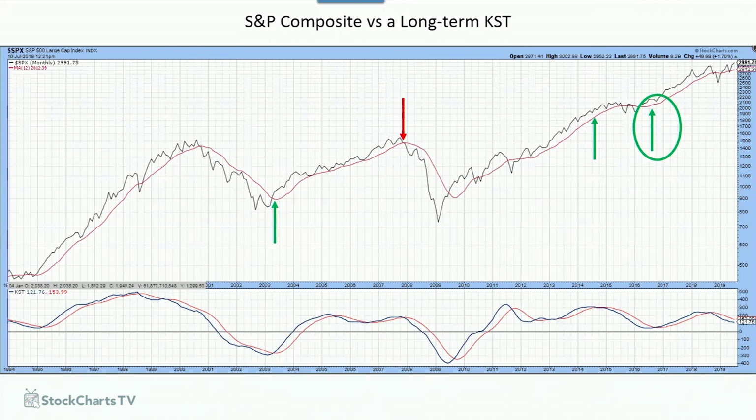So you would interpret the KST as you would any other momentum indicator, except that the best way to use it is to look at how overextended it is and when it crosses its, in this case, 9-month moving average. Does that answer the question?